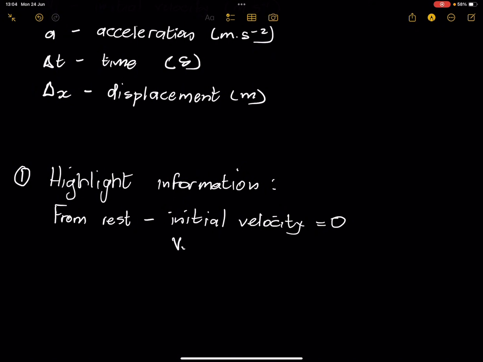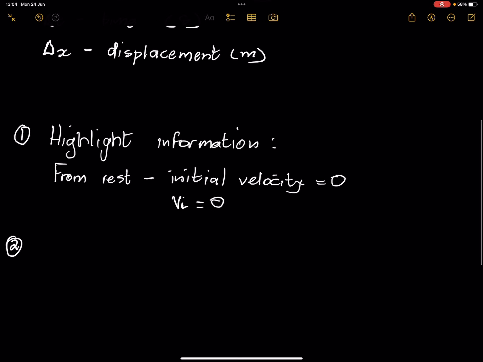Remember, we used the symbol VI for initial velocity, but we also have words such as, if I say something comes to a stop, okay? So if I say something stops, then what does that imply? It implies that our final velocity will be 0, right?